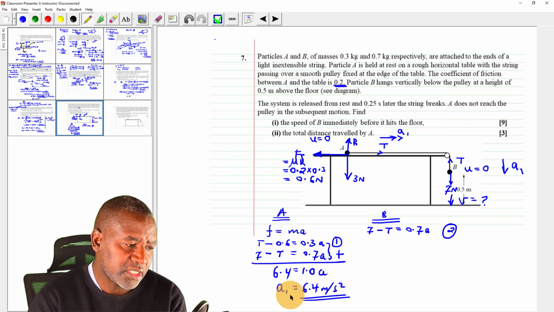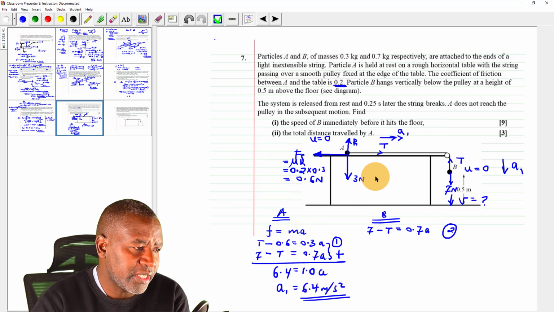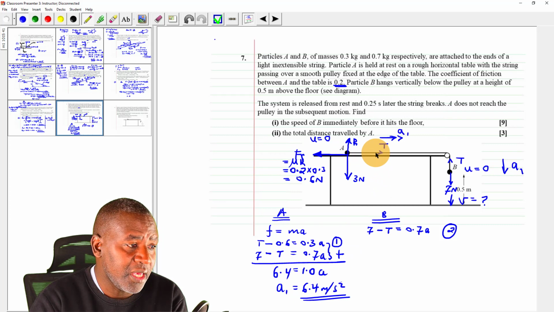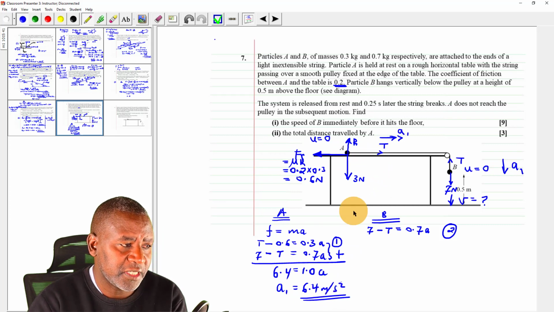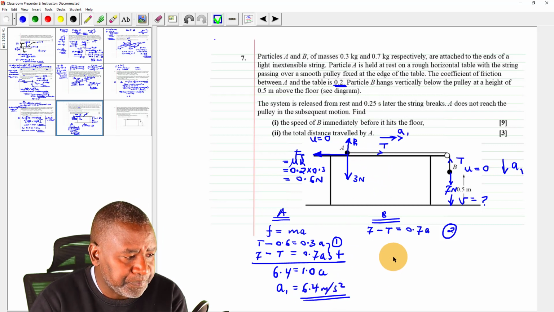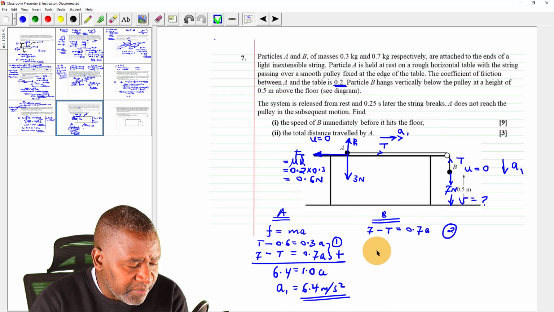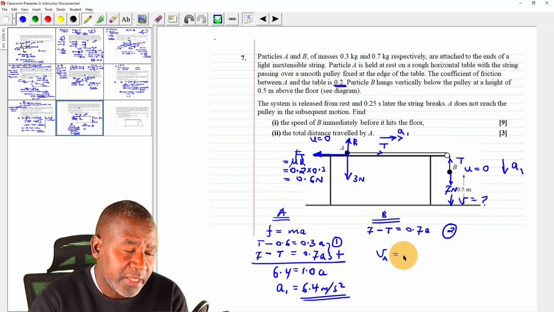And now I can use this acceleration to get the speed that A has after 2.5 seconds. So let me find the velocity of A after 2.5 seconds. I can use v equals u plus at. U for it was 0.